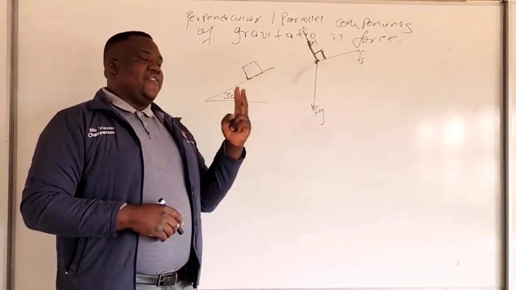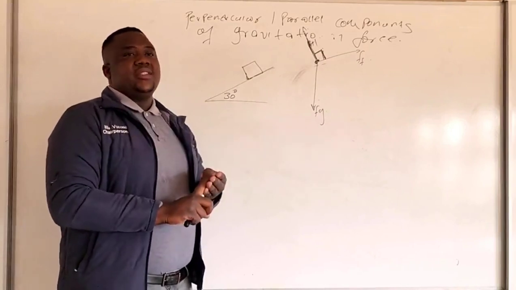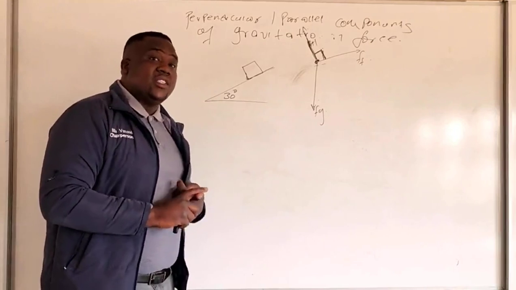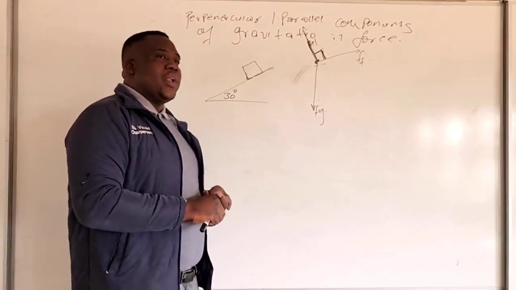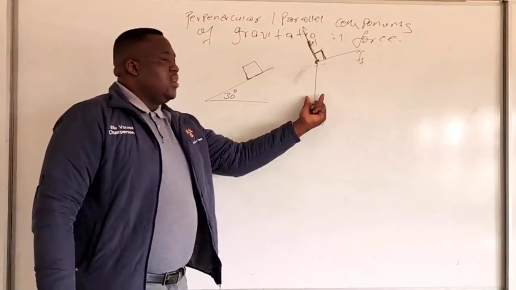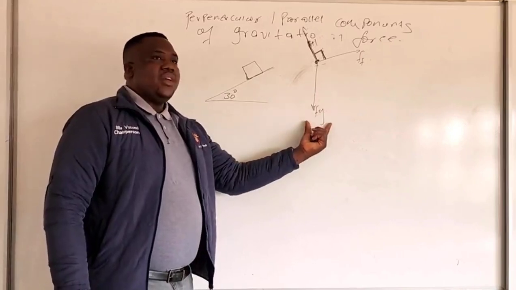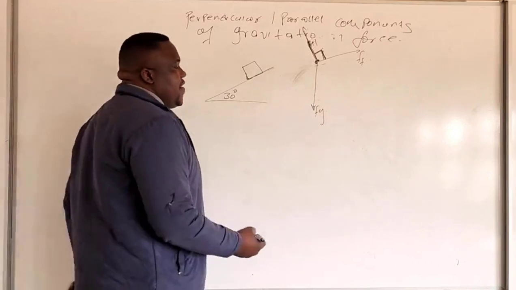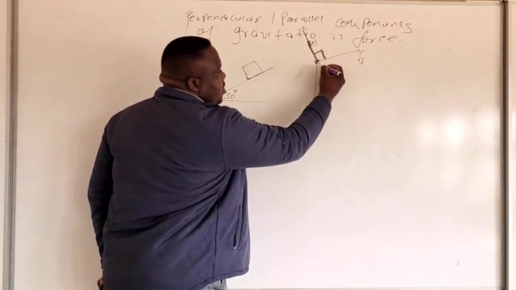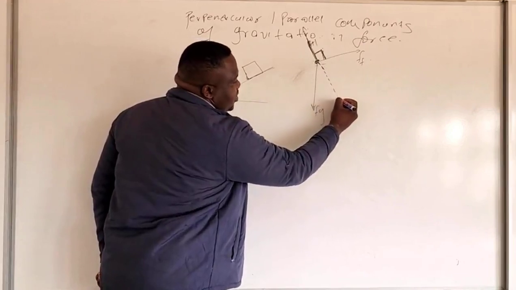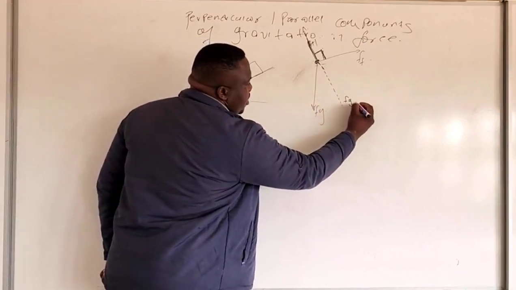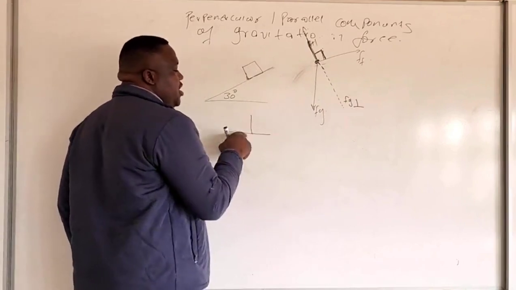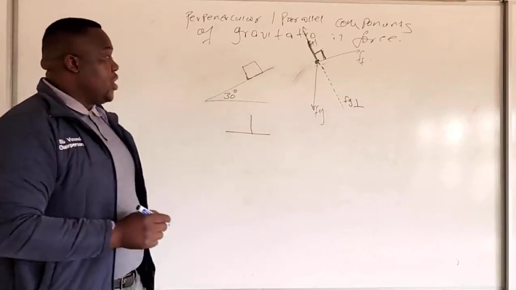So gravitational force gives rise to two components. You need to understand that these components are not gravitational force, they are just the components of gravitational force. This gravitational force that is here is the gravitational force itself, it is not its component. The first component of the gravitational force is what we call Fg perpendicular. You know that we use an upside down T to represent perpendicular in mathematics.